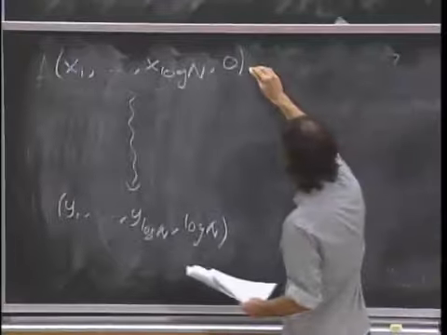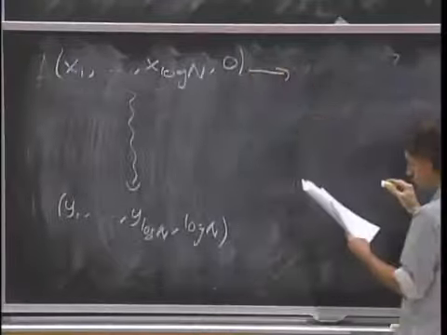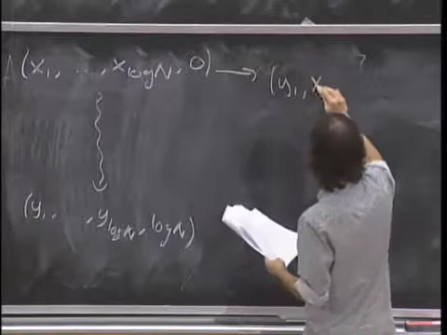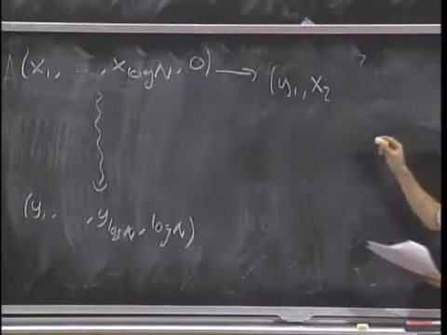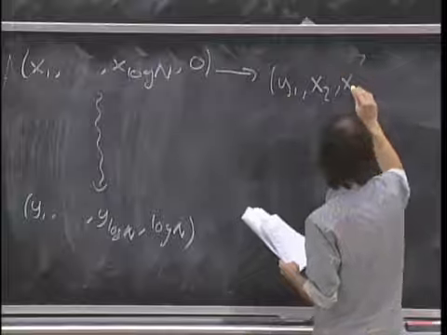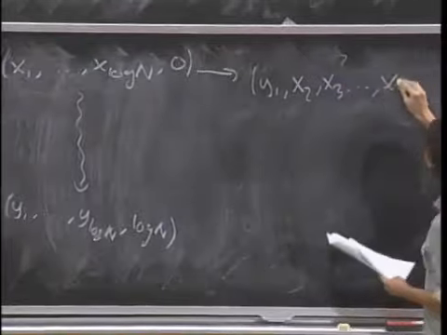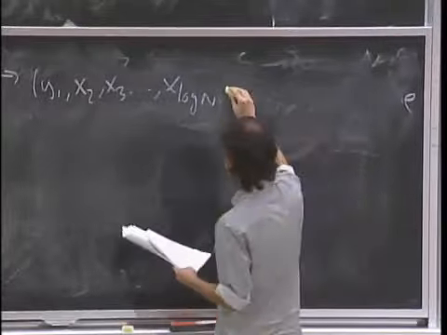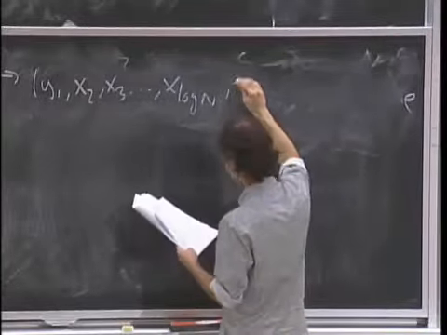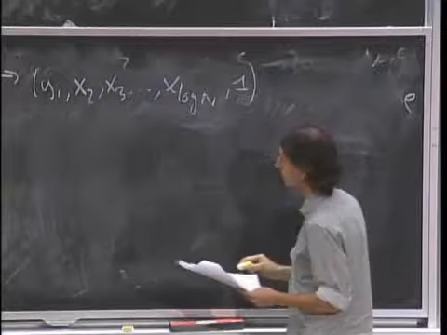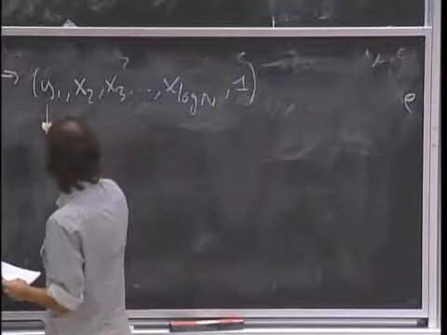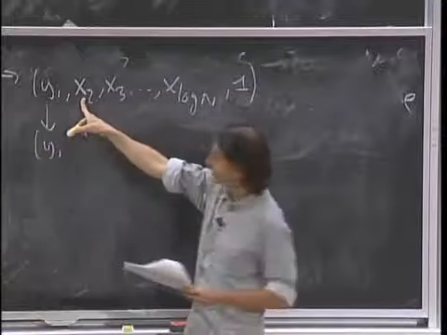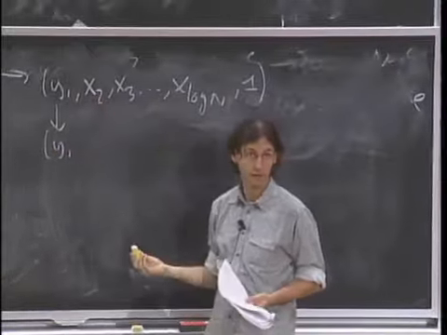So what I can do is simply route it to y1, and then I leave all the other bits the same, which are x2, x3, all the way up to x log n. And we will have reached the first level. Now this one can go to, well, now I'm going to swap the second bit into the bit of my choice.